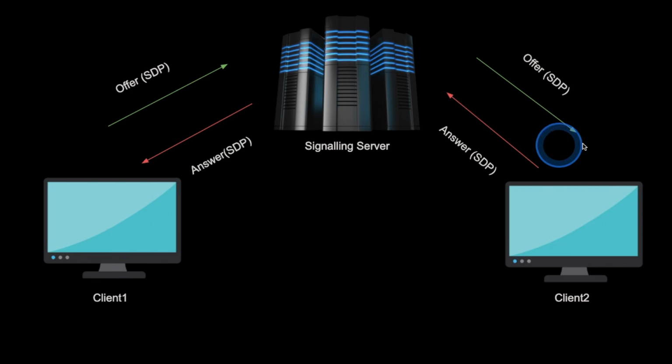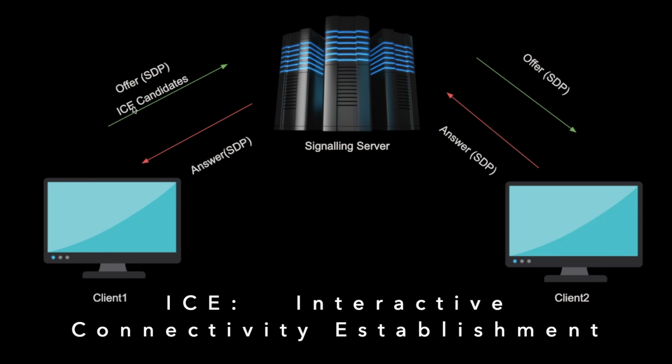And now these guys know about the media configurations of each other, but they still do not know how to connect with each other. And for that they will have to transfer their network information. Now what is this network configuration data that needs to be transferred for the connection to happen? Well, as soon as this client creates the offer, something called ICE candidates start coming from the WebRTC API. But where do these ICE candidates come from?